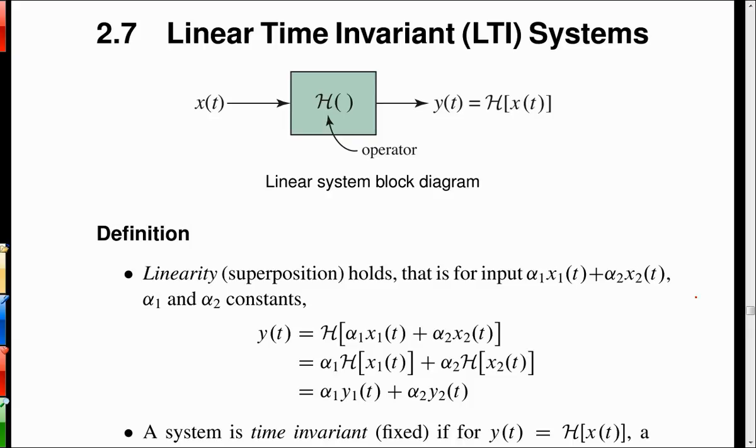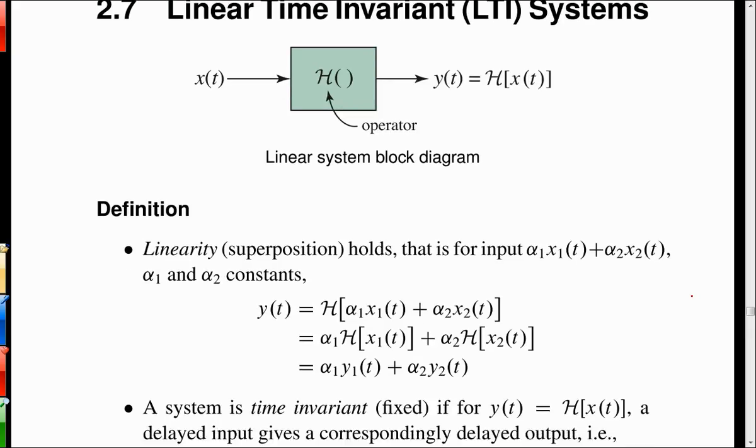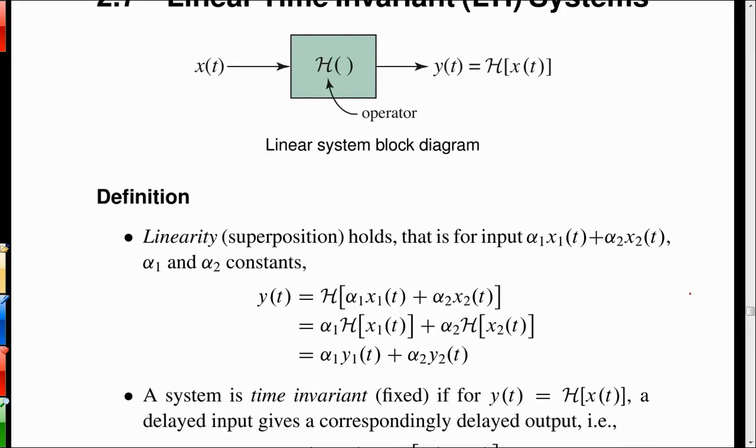Linear time invariant systems you learned about starting in 2610 and then more in 3205. You apply an input to an operator, call it H. If it's a linear system, then superposition holds.